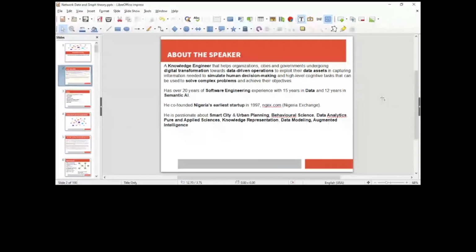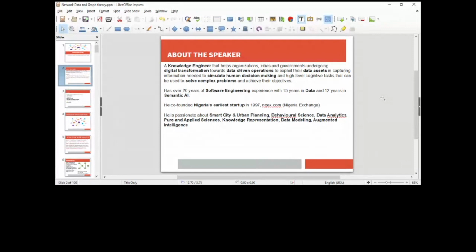I'm a knowledge engineer. I help cities and government organizations undergoing digital transformation towards data-driven operations to exploit their data assets in capturing information needed to simulate human decision-making and high-level cognitive tasks that can be used to solve complex problems and achieve their set objectives.